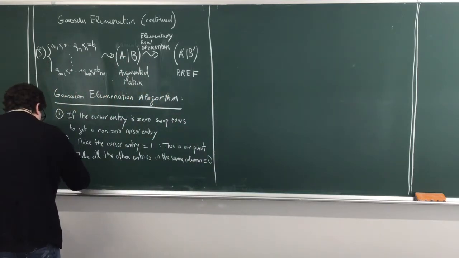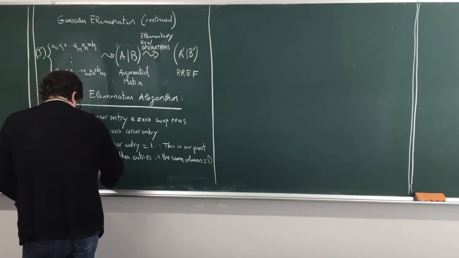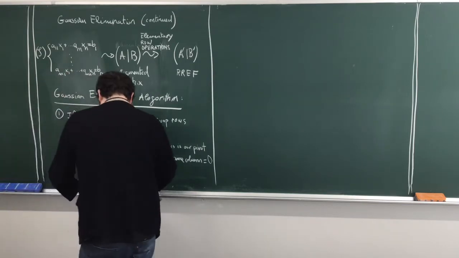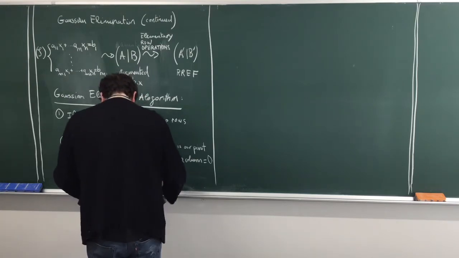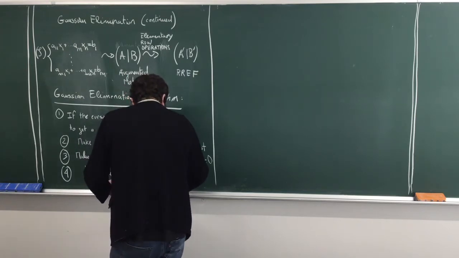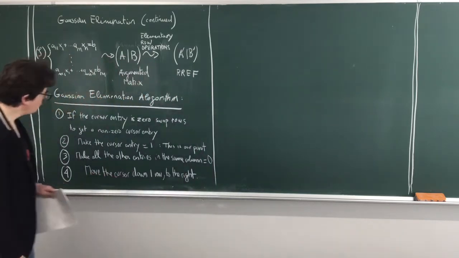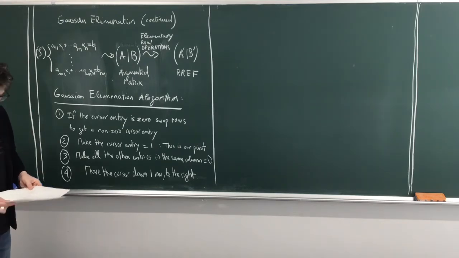And step 4, we move the cursor down one row and to the right. Okay, that's basically the algorithm we will follow.